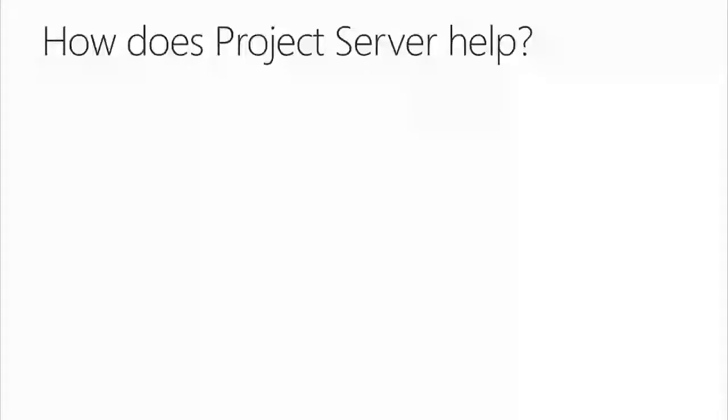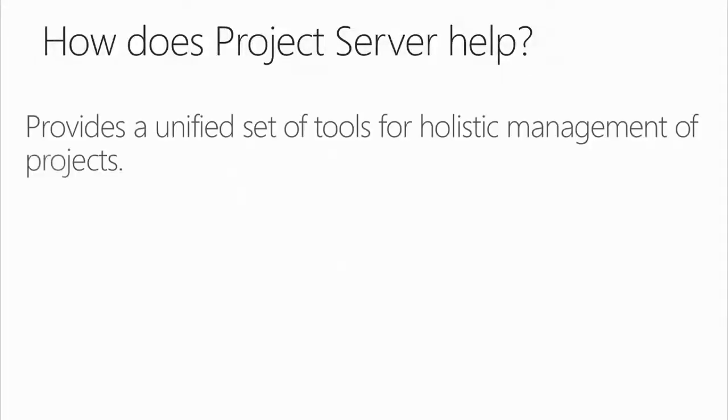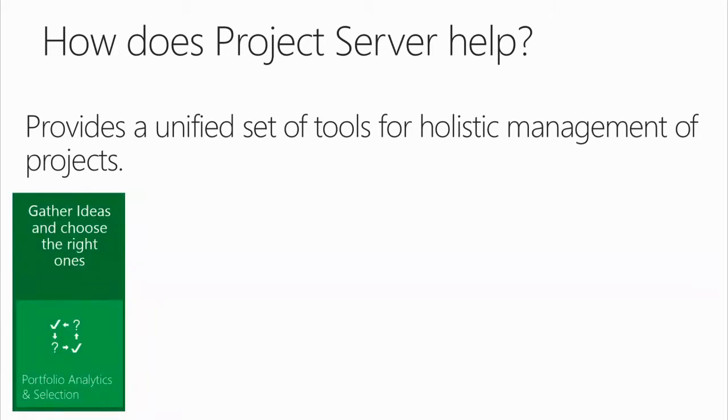How Project Server can really help is that it gives you a set of tools that go holistic from one end to the other. So you can start with gathering your ideas and figuring out what's best for your business. You can use the portfolio services and ideation services, which we have integrated with SharePoint, and the portfolio service that Project Server has.